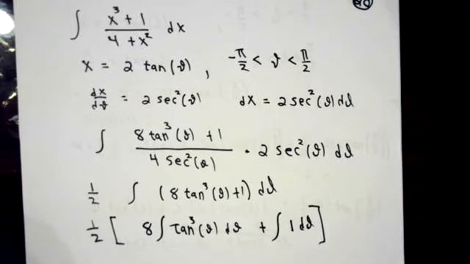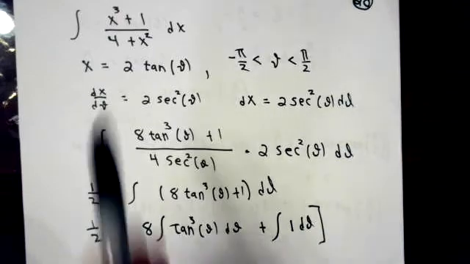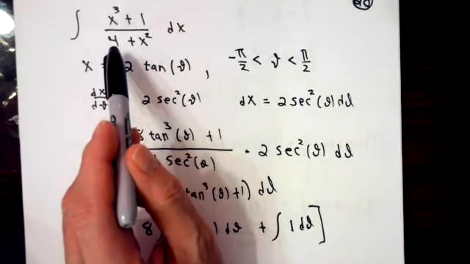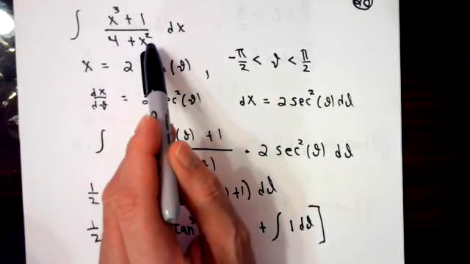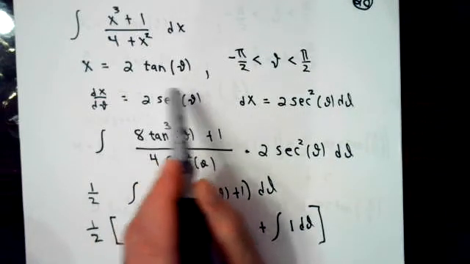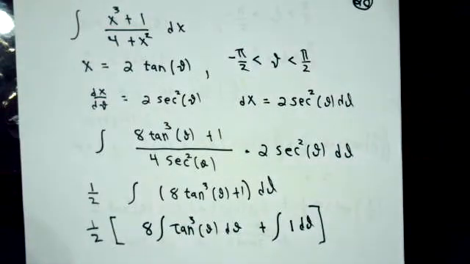If I want to think of it this way, the thing that's on the bottom of the fraction is a squared plus u squared, where a squared is 4, so a is 2, and u is x. We're supposed to use the substitution x equal a times tangent of theta, 2 times tangent of theta, in the range of values that are nice for the tangent function.